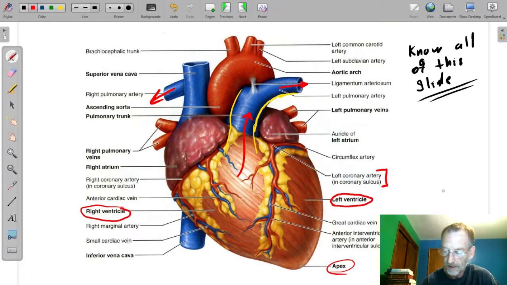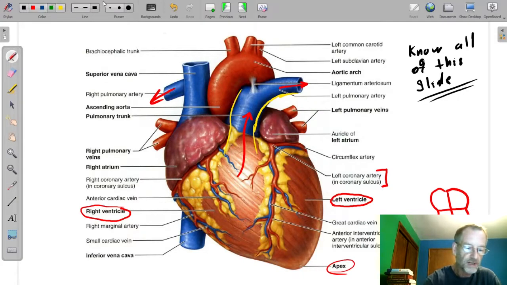If we're looking at a heart like this, there are our four chambers. This would be the coronary sulcus, right in here. It goes around the heart. Okay, so at any rate, back to the arteries and veins.